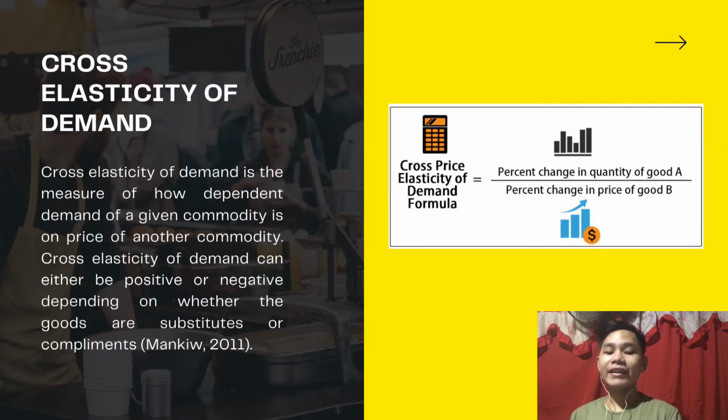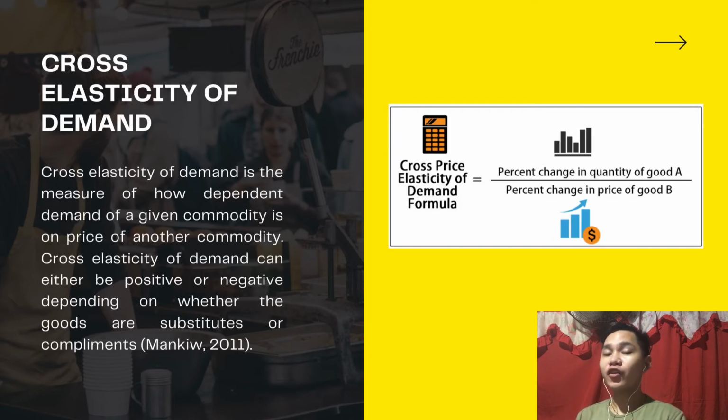Next is the cross-elasticity of demand. Demand of one commodity usually depends on the price of other commodities. In this regard, if the price of one commodity rises, quantity demanded of another commodity can increase or decrease depending on whether the commodities in question are substitutes or complements.